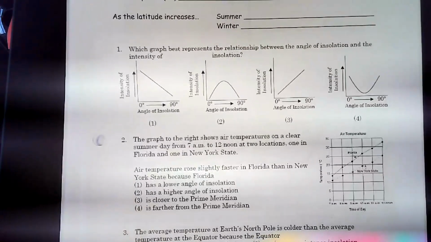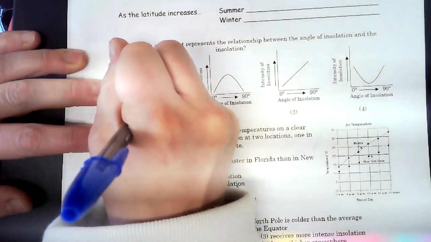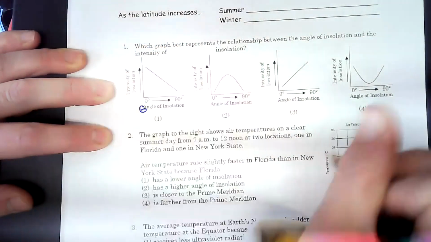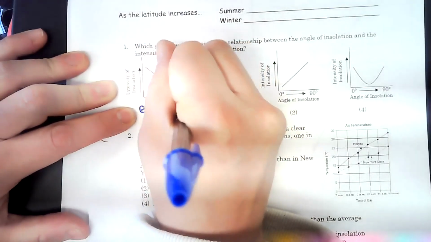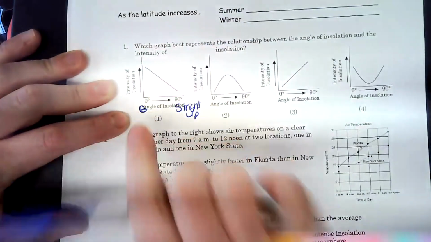When it's a 0-degree angle, I want you thinking ground. When it's a 90, straight up.